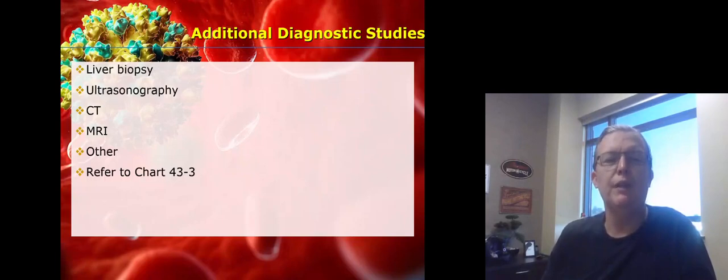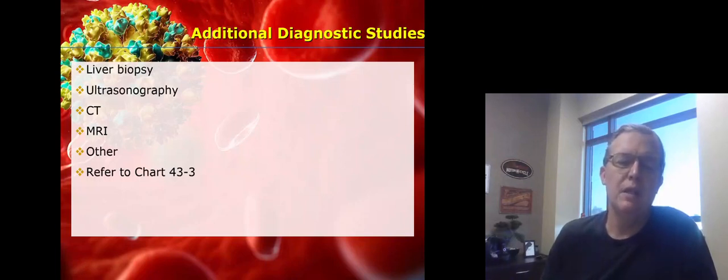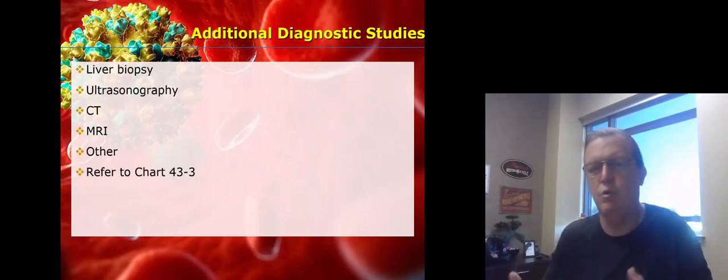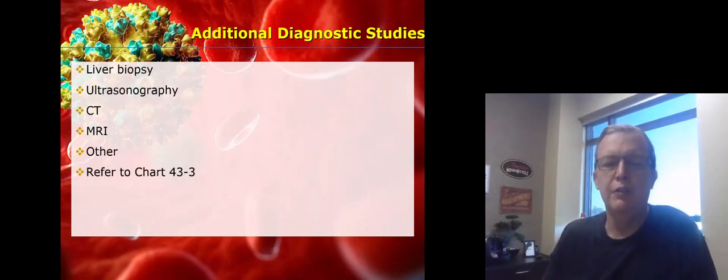So let me talk about those three first. An ultrasound of the liver basically allows the sonographer and the physician to see structures, size, shape, configuration, vascularity, gallbladder, etc., the structural portions of the liver in a superficial way.